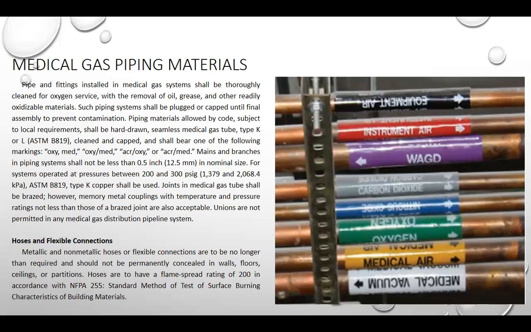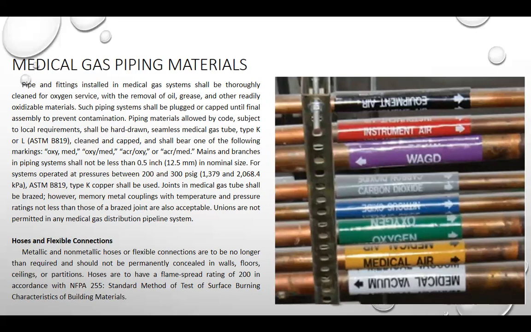Mains and branches in piping system shall not be less than 0.5 inch in nominal size. For system operated at pressure between 200 and 300 PSI gauge, ASTM B819 type K copper shall be used kasi malakas na yung pressure.